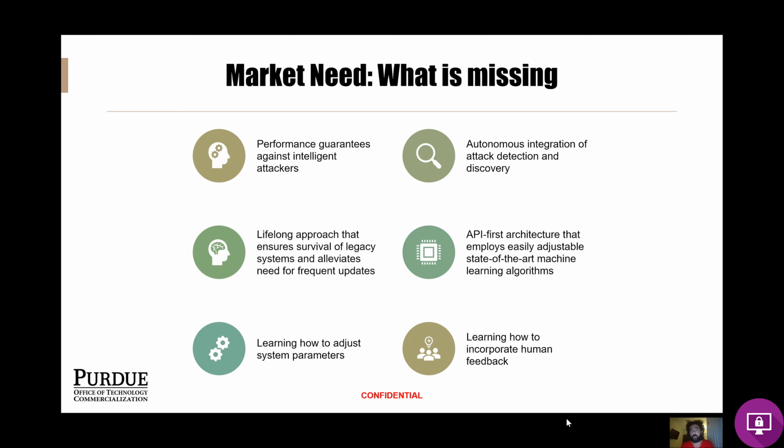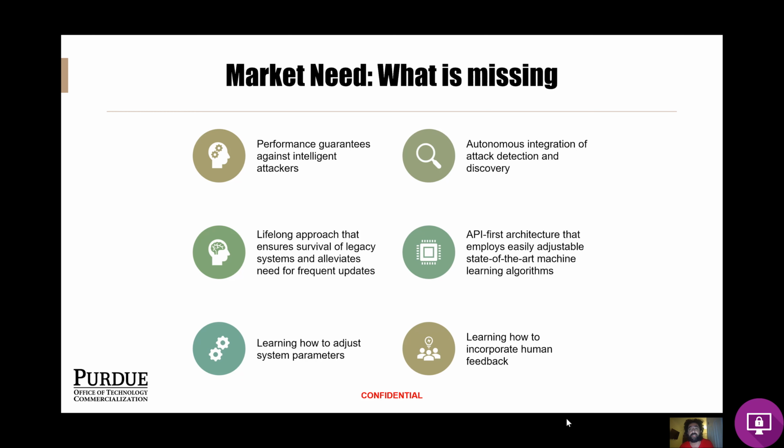Now, the market need for our solution stems from the lack of any solution in the market that has this lifelong learning property, where the solution itself has a mechanism of updating itself. When you do that, you have a performance guarantee against intelligent or adaptive attackers that change their strategies.